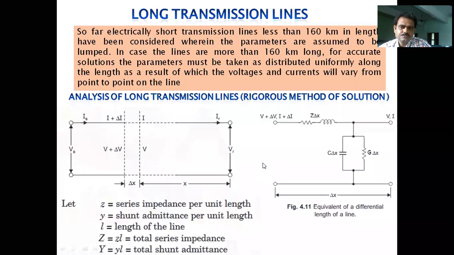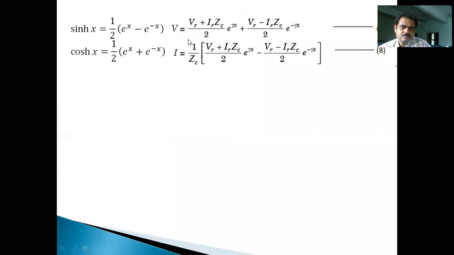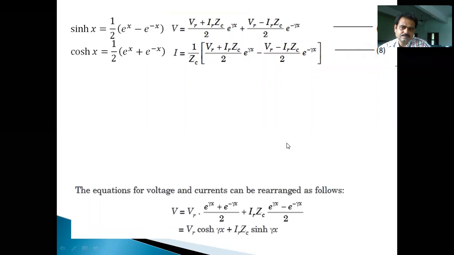Okay, so using the rigorous method, we have developed equations for V and I, the voltage and current on the sending end side, taking VR and IR as reference.